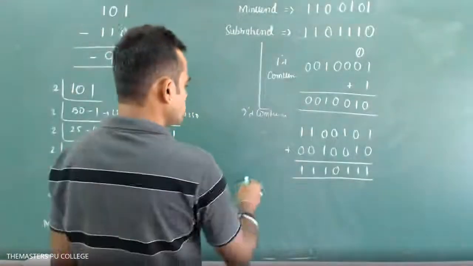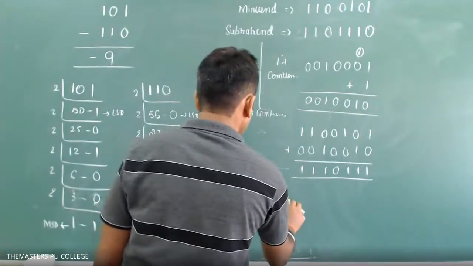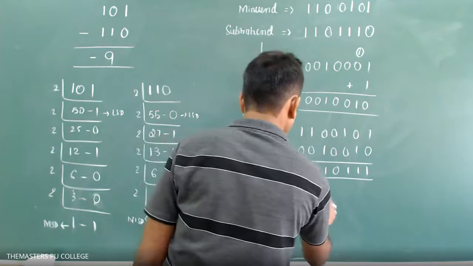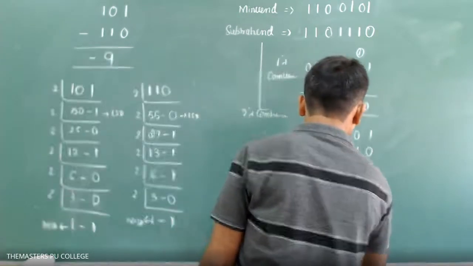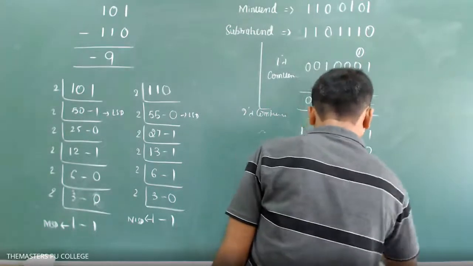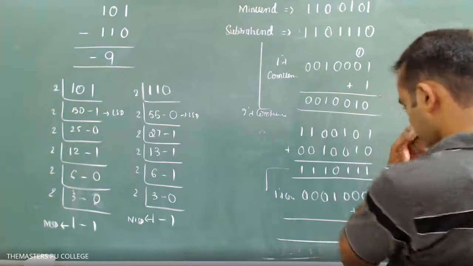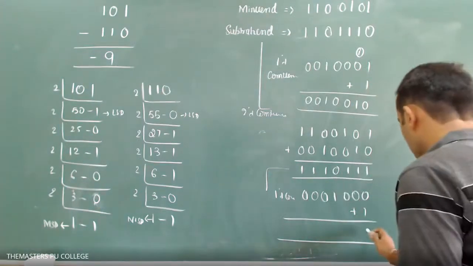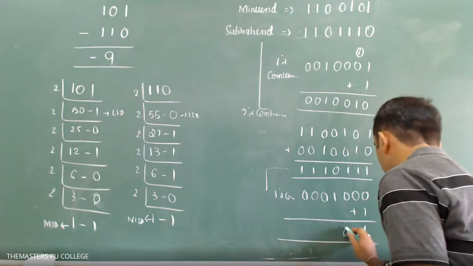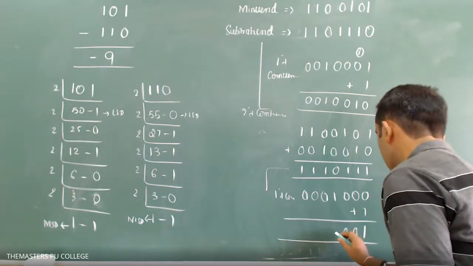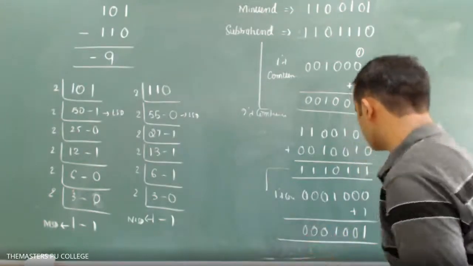Okay, so you take the 1's complement of this again. So 1's complement, say 0 0 0 1 0 0 0 plus 1, 1 0 0 1 0 0 0.